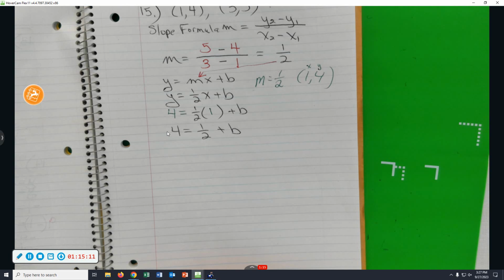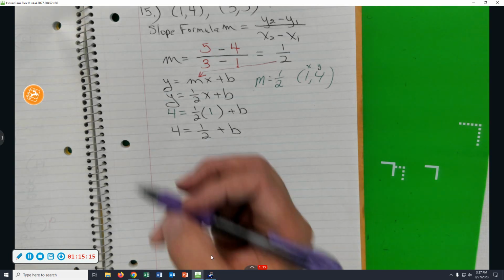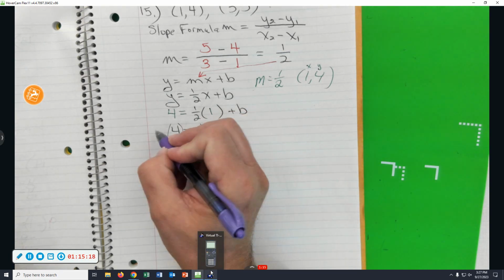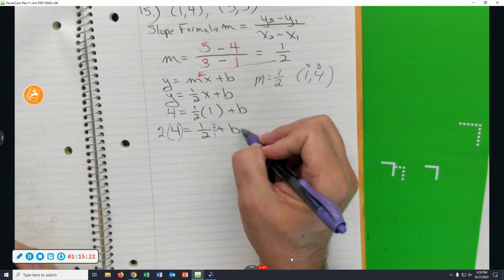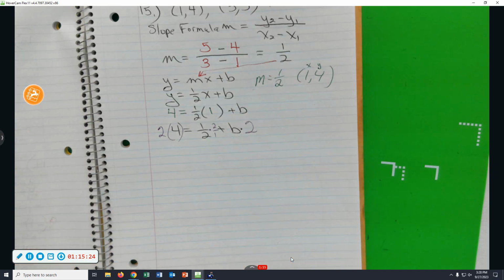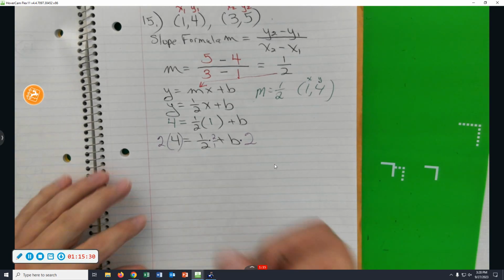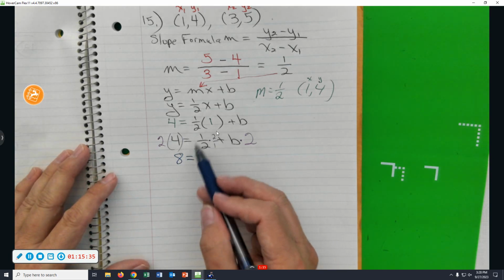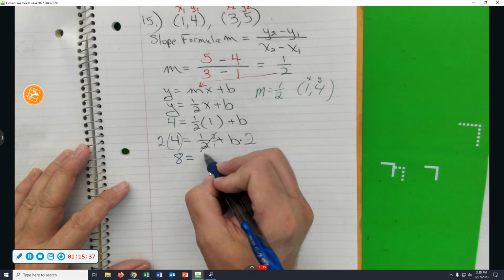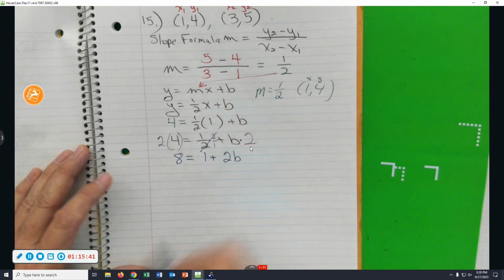So what would we multiply through by to cancel out that denominator? 2. How many times do we have to multiply by 2? 3 times. Each one of those terms gets multiplied by 2. So we have 8 equals, the 2's cancel, leaving us a 1, plus b times 2 is 2b.